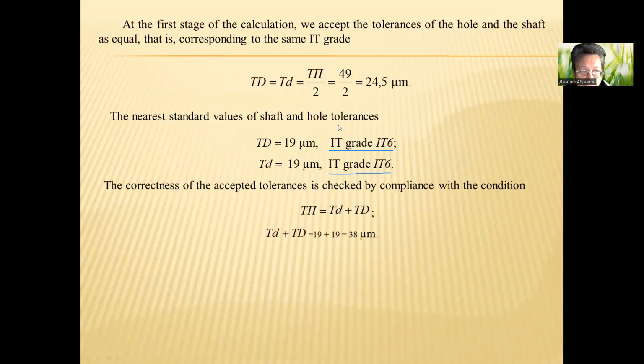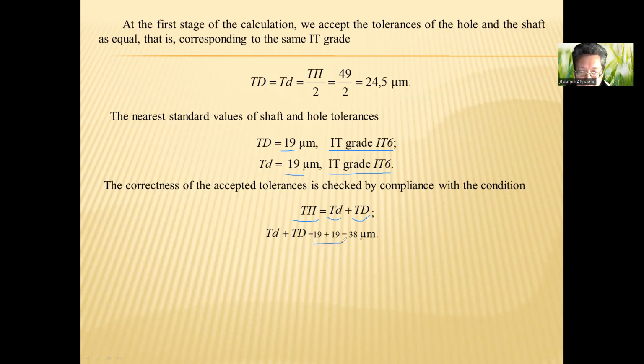The correctness of the accepted tolerances is checked by compliance with the condition: the fit tolerance is equal to the tolerance of the shaft plus the tolerance of the hole. Tolerance of the shaft is 19 micrometers, tolerance of the hole is 19 micrometers too.